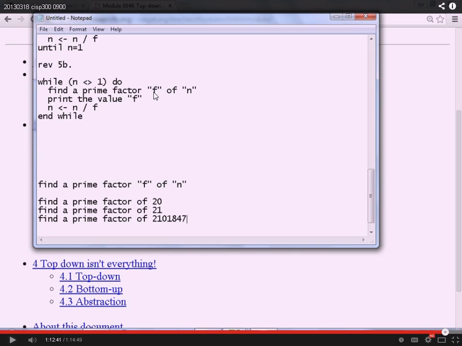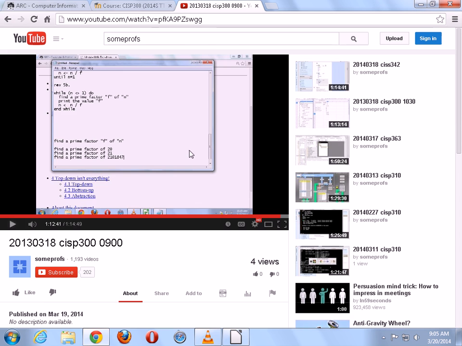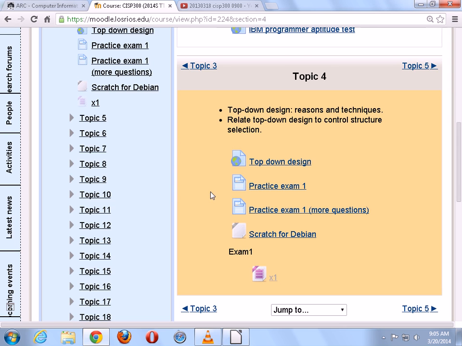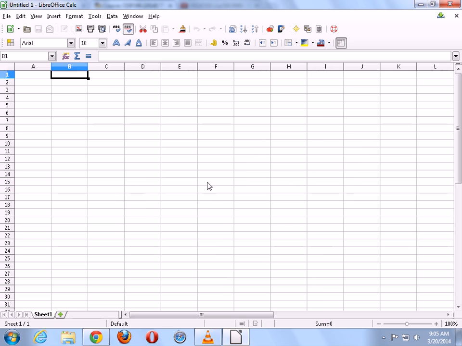You focus on the big pieces and not worry about the details, and then we specify the details later. Are there any questions about that particular approach? How we ended up with this algorithm? No questions? Okay. So if there are no questions, I just want to bring this up so that we know the context of today's lecture.